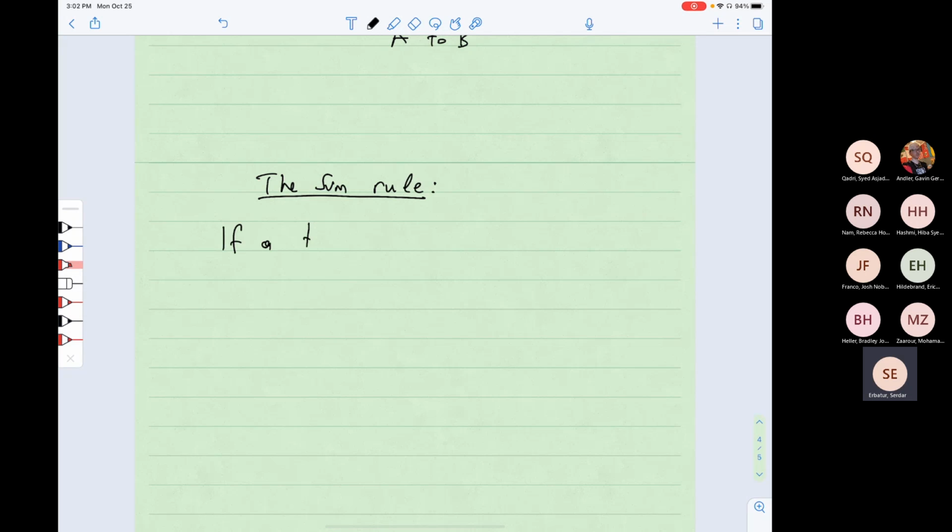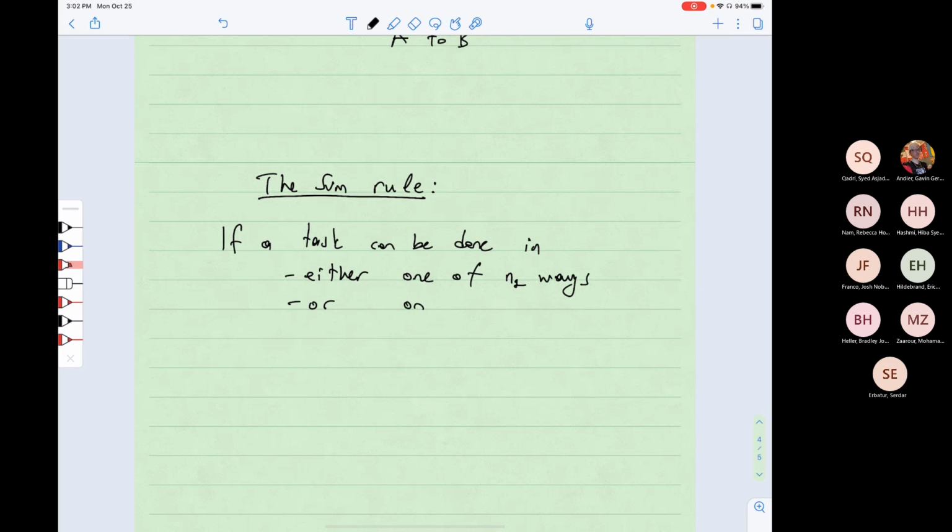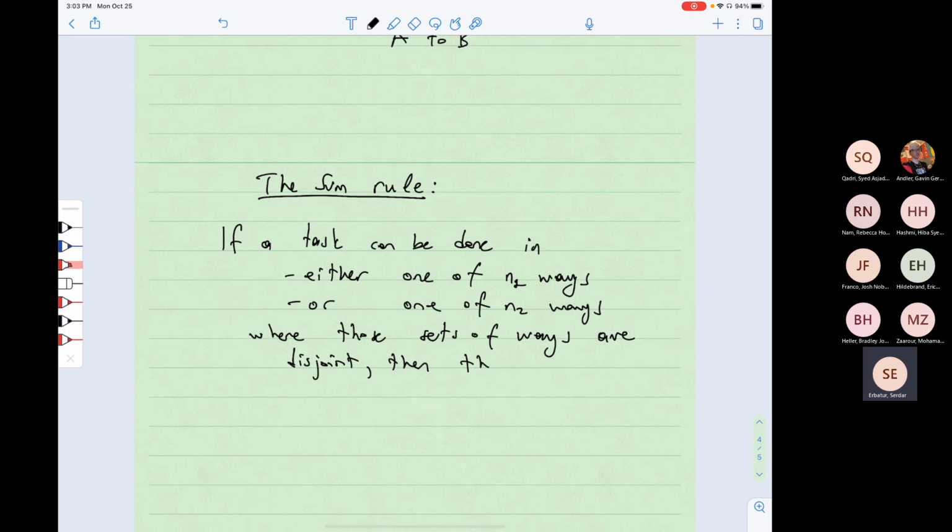So if a task can be done in either one of n1 ways or one of n2 ways, where those two sets of ways are disjoint, then the task can be done in n1 plus n2 different ways.